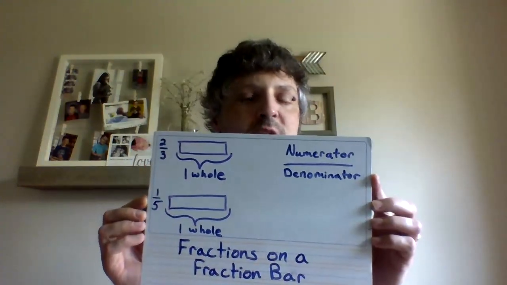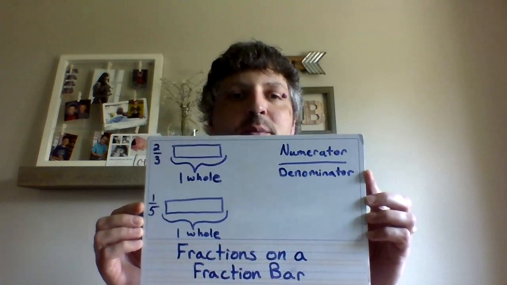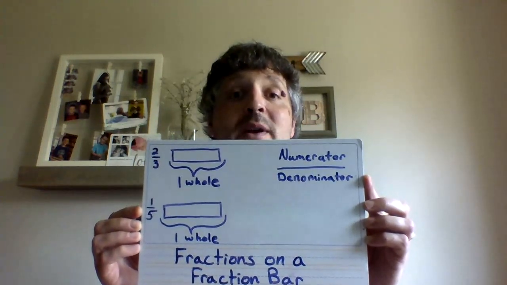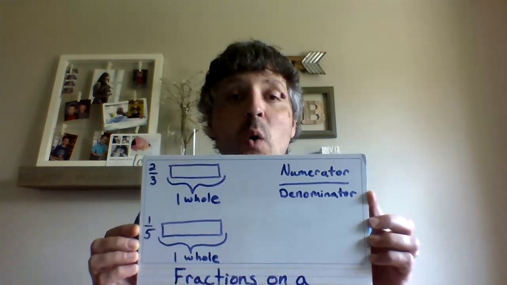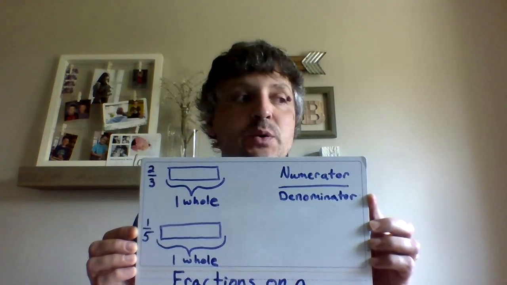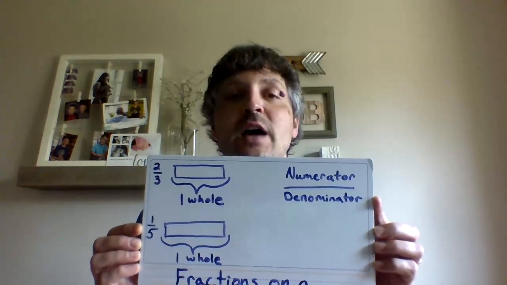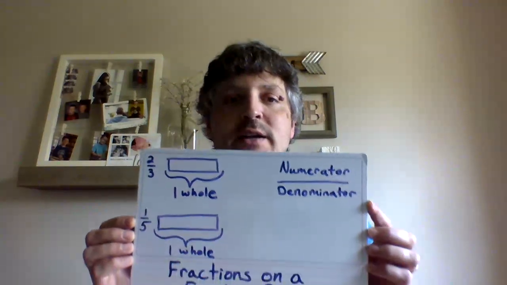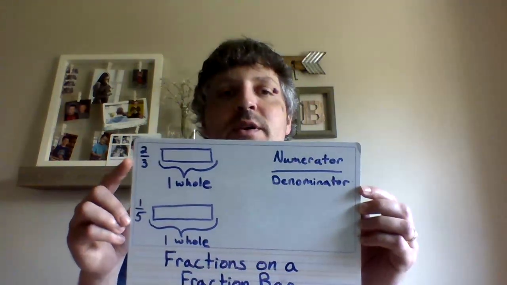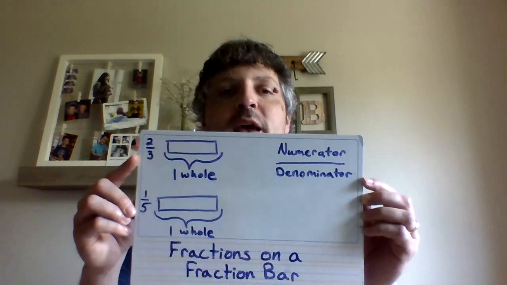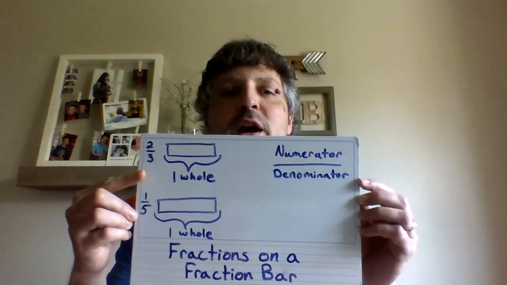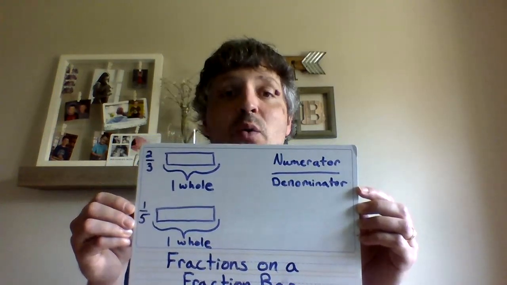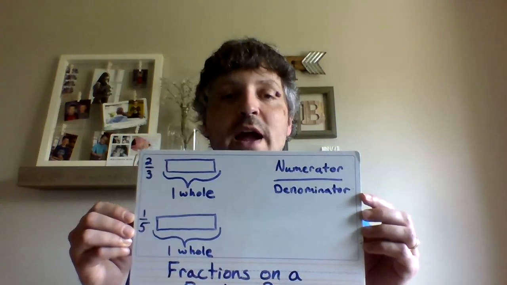The denominator of a fraction, the bottom number, tells us how many equal parts the whole is broken up into. The numerator tells us how many equal parts you are talking about. In this top example, I have 2/3, and over here I just drew a rectangular box for my fraction bar.